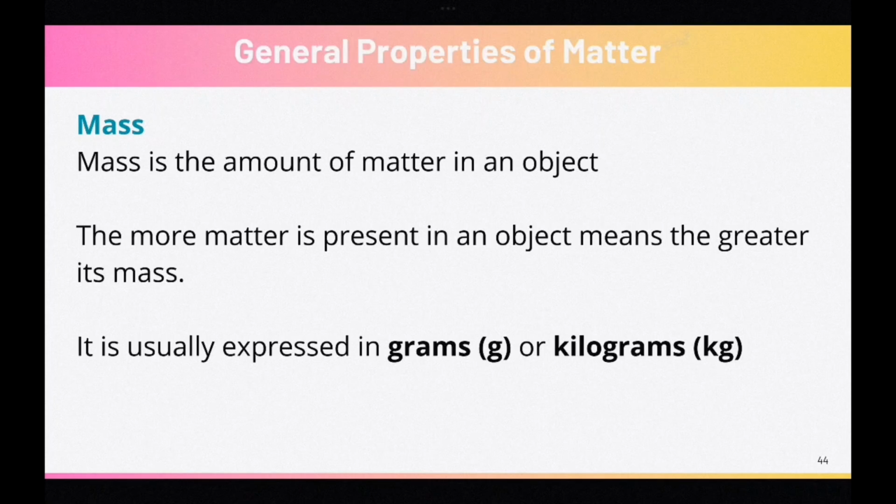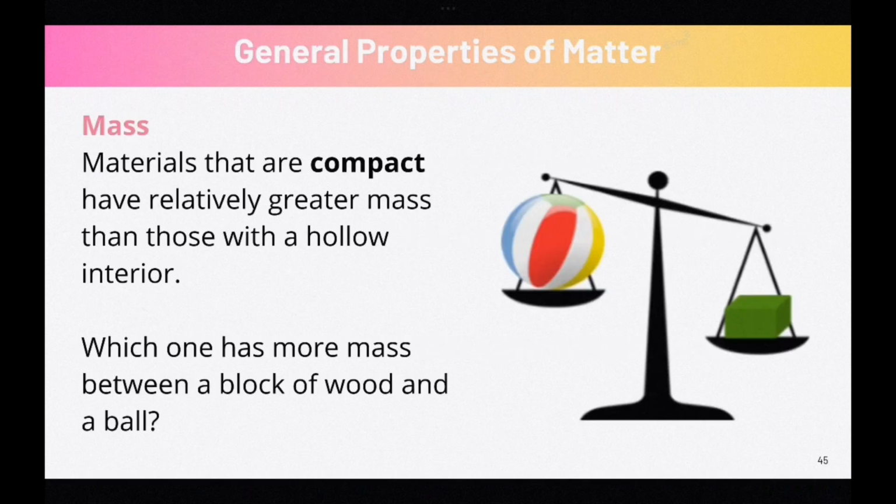Now, it's usually expressed in grams or kilograms. For familiarity with the units of measurement, we use g for grams and kg for kilograms. Now, the materials that are compact have relatively greater mass than those with a hollow interior.